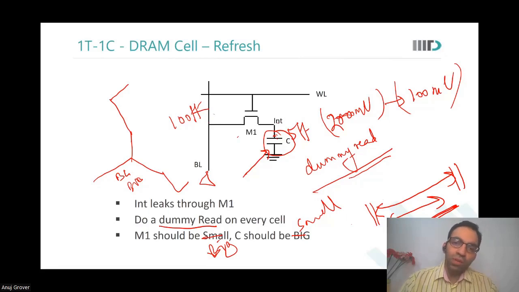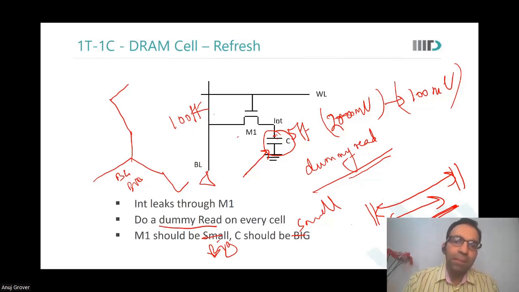If you increase the charge that you can store on the capacitor, then even if the same current is leaking, the delta V would be lesser because the capacitance is larger.